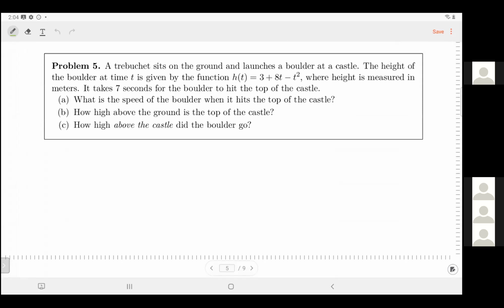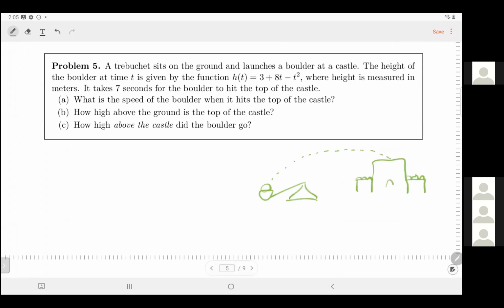Okay, so I wrote this one myself. A trebuchet sits on the ground and launches a boulder at a castle. Okay. So we have some kind of thing here, launching a boulder at some castle. Maybe I'll put some crenellations in.